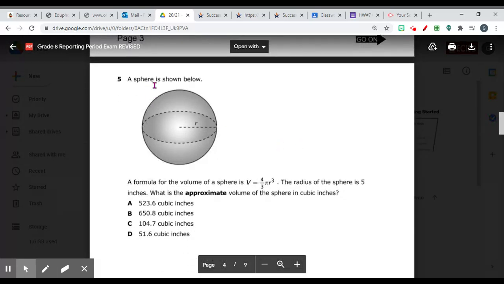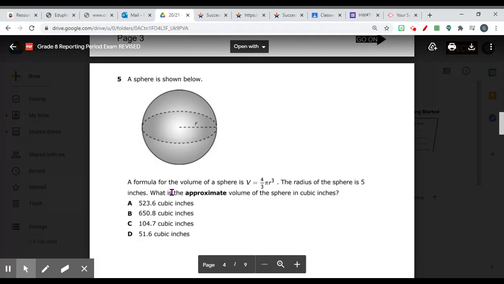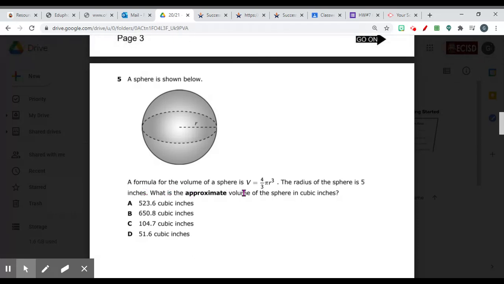Number 5, a sphere is shown below. A formula for the volume of the sphere is V equals 4 over 3 pi r cubed. The radius of the sphere is 5 inches. What is the approximate volume of the sphere in cubic inches?